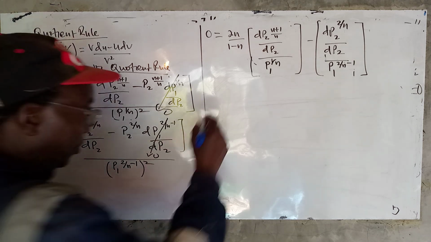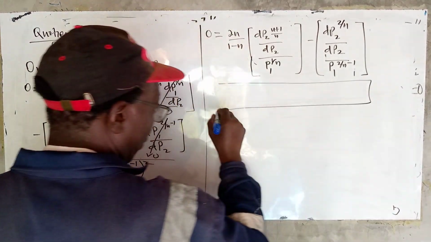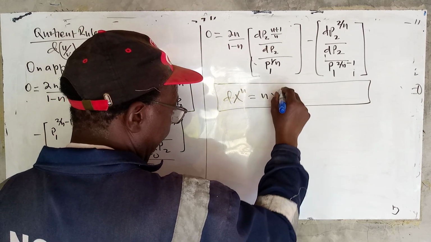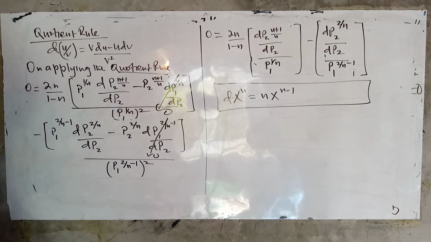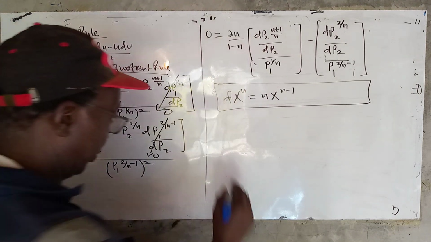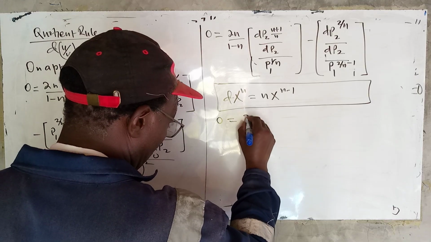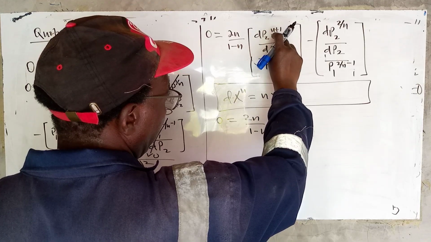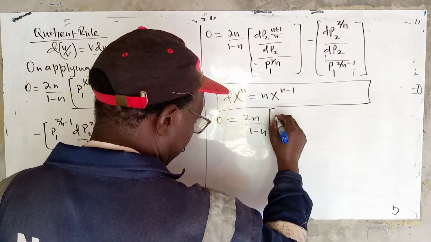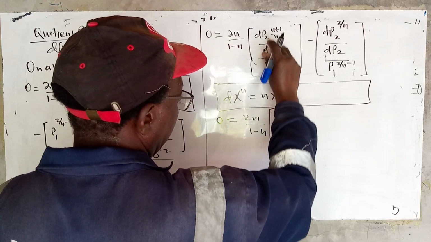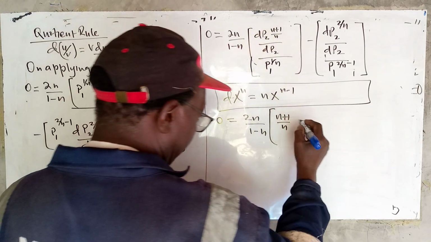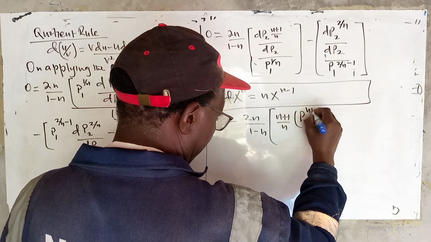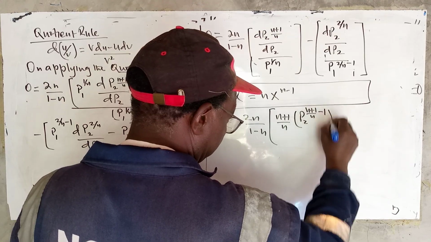So we now use the simple expression for taking derivatives. The derivative of x to the n is simply n x to the n minus 1. So we'll take the derivative there. So we have 0 equals 2n over 1 minus n. And of course, that will be n plus 1 over n, and when you take the derivative of that, it will be into p2, n plus 1 over n minus 1.